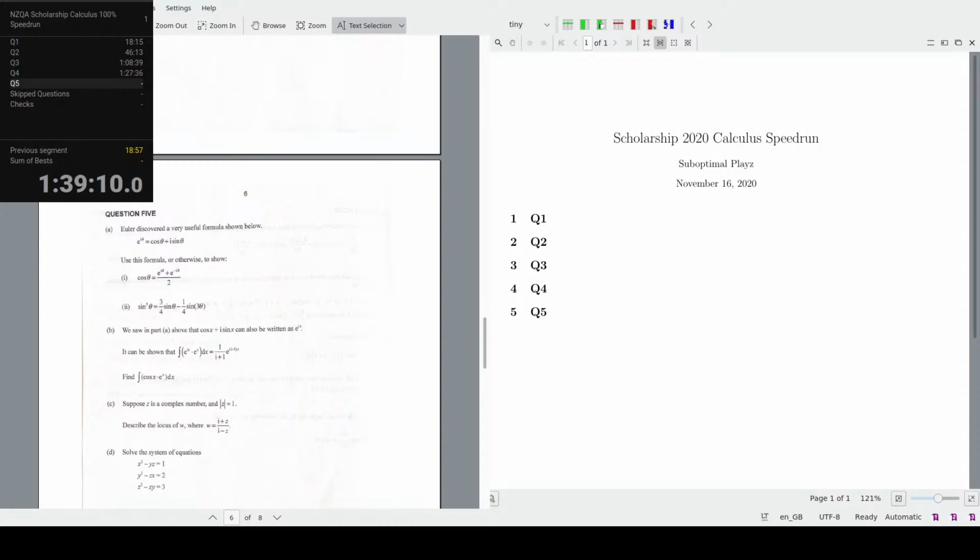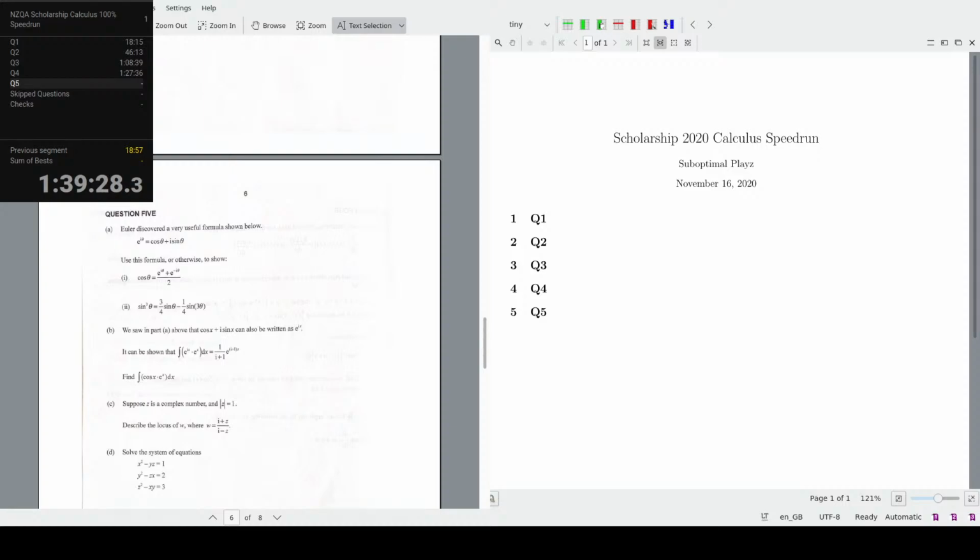Z equals 1. So i plus z is, so it goes 1 unit up. And i minus z is you take i and you take z, and it goes like 1 unit that way.